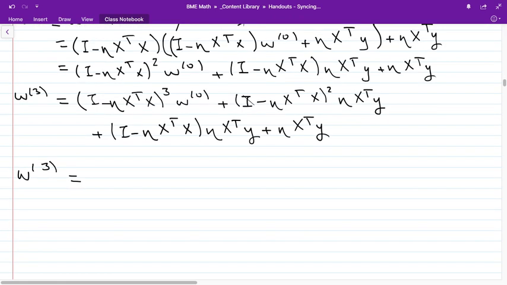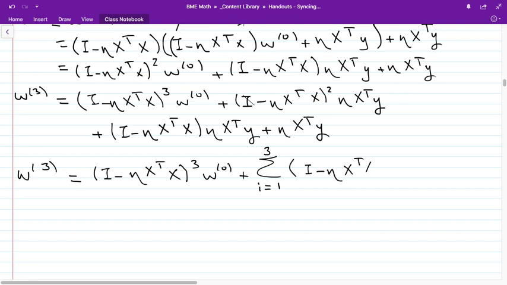At the third point, it's going to be equal to I minus eta x transpose x cubed W0 plus the sum of i equal to 1, 2, 3 of I minus eta x transpose x raised to the power of i minus 1 times eta x transpose y.